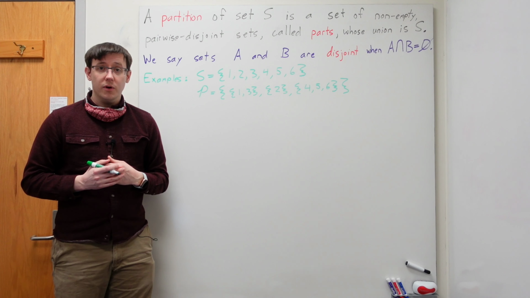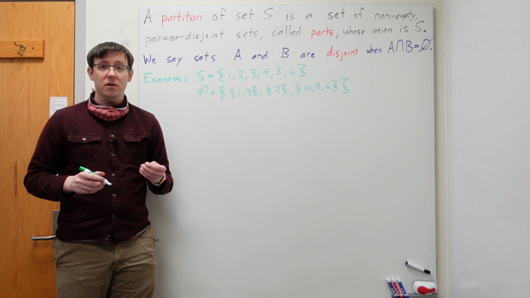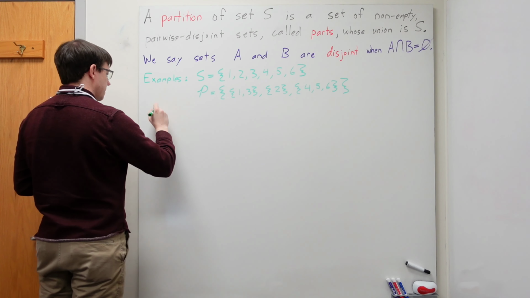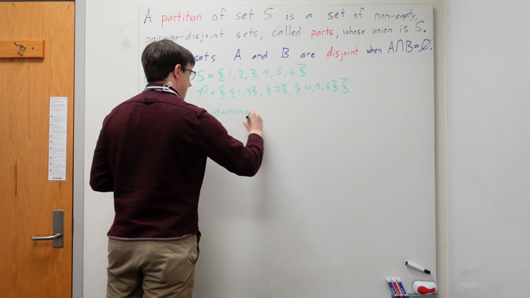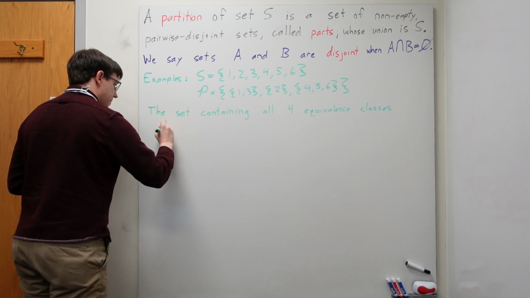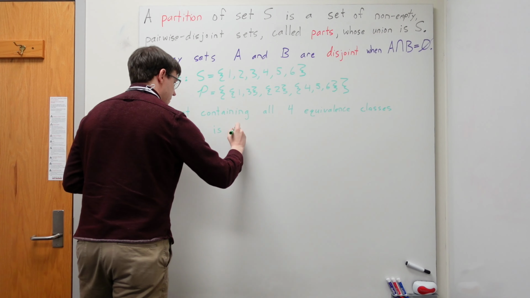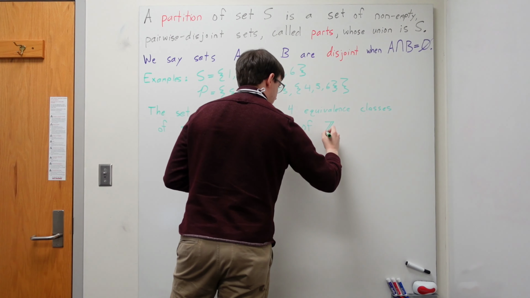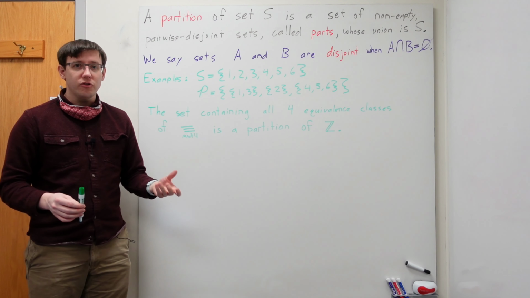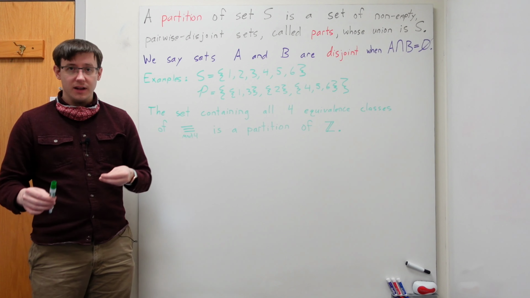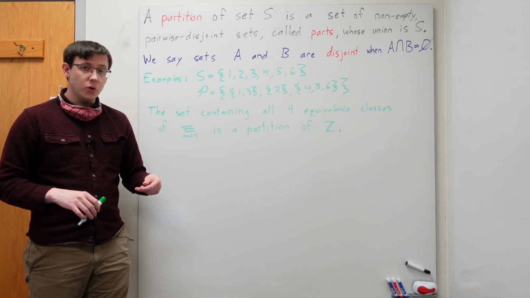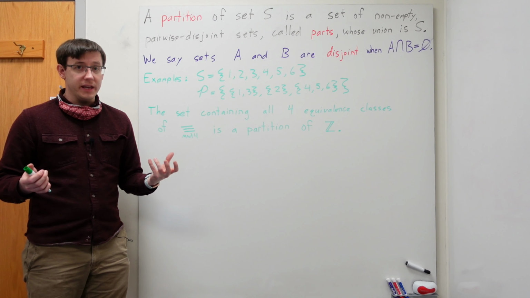Another example comes from the equivalence classes of congruence mod 4 that we talked about at the end of the last lecture. We saw last time that the congruence mod 4 equivalence relation had 4 equivalence classes, and that those equivalence classes were pairwise disjoint and contained all of the integers.